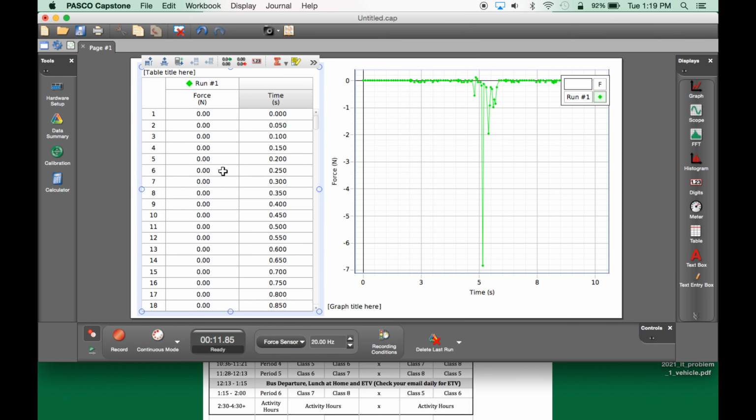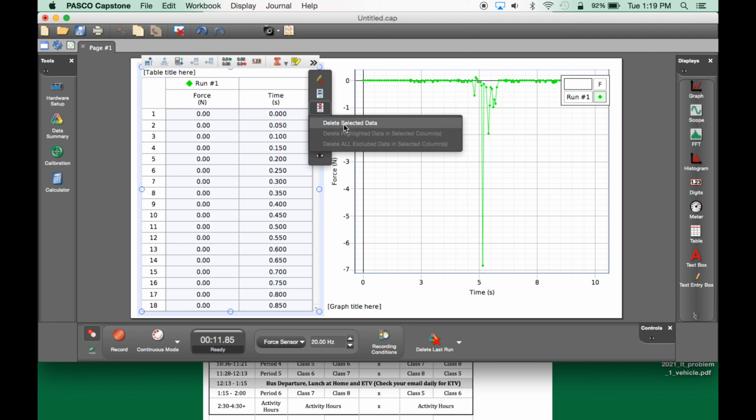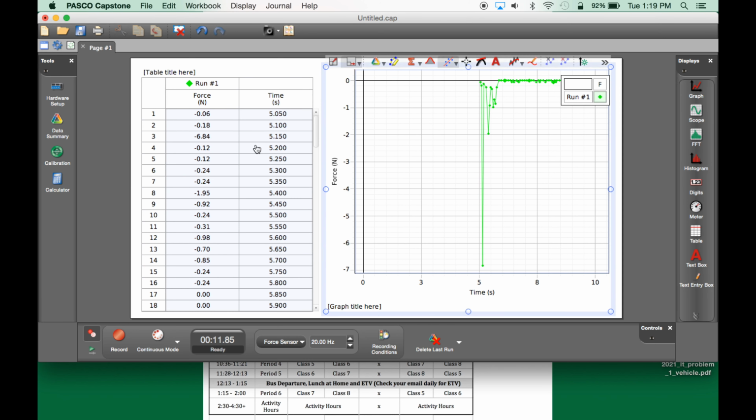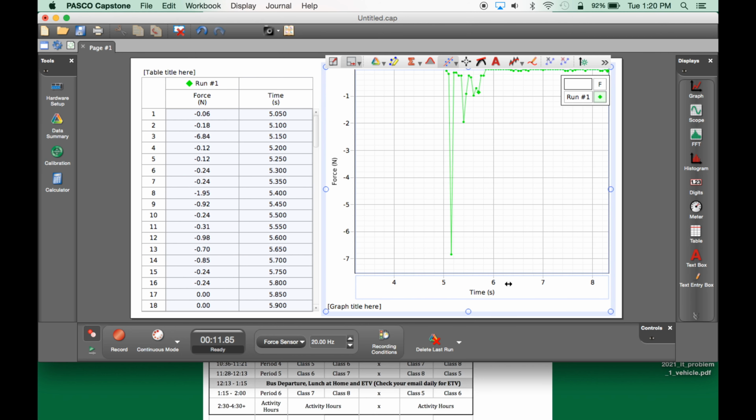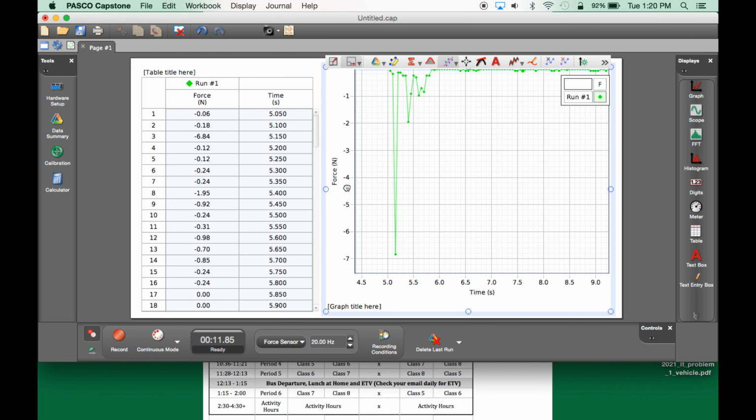And I can get rid of some of that data. And so I'm right on the spike. Then I'm going to get rid of a good amount of this data, and we can zoom in and move this around a little bit. We can stretch it out a little bit so we can get a better look at it.